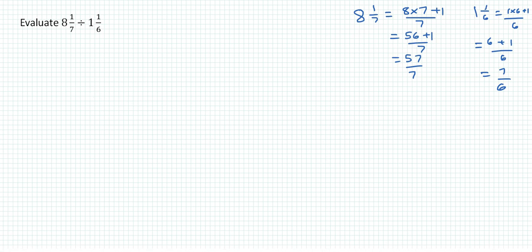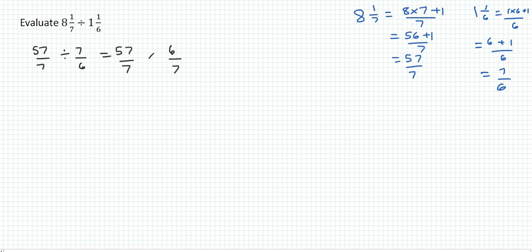So now what we have is 57/7 divided by 7/6. So now what we're going to do is, the fraction on the right hand side, we're going to flip it to 6/7 and change this to multiplication. So we now have 57 multiplied by 6. 7 multiplied by 7 is going to give us 49. 7 multiplied by 6 is going to give us 42.